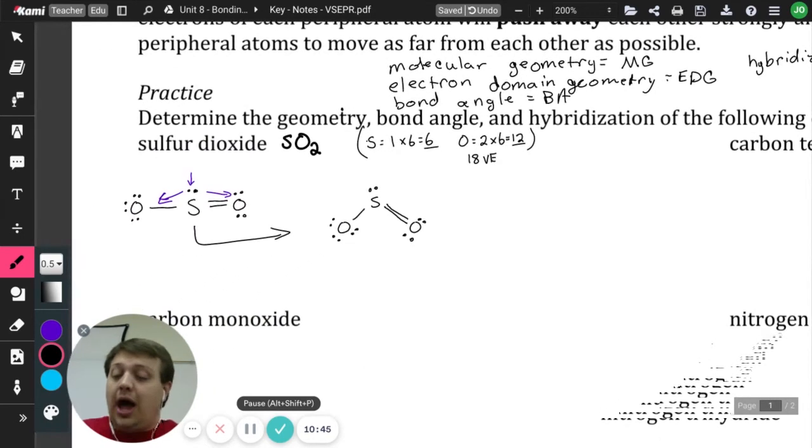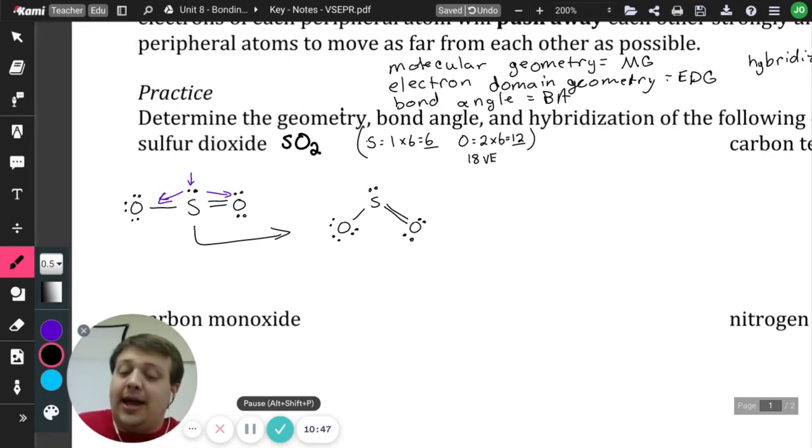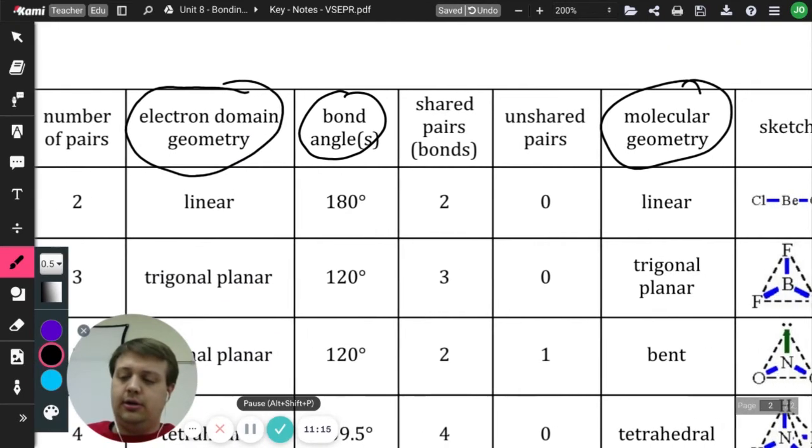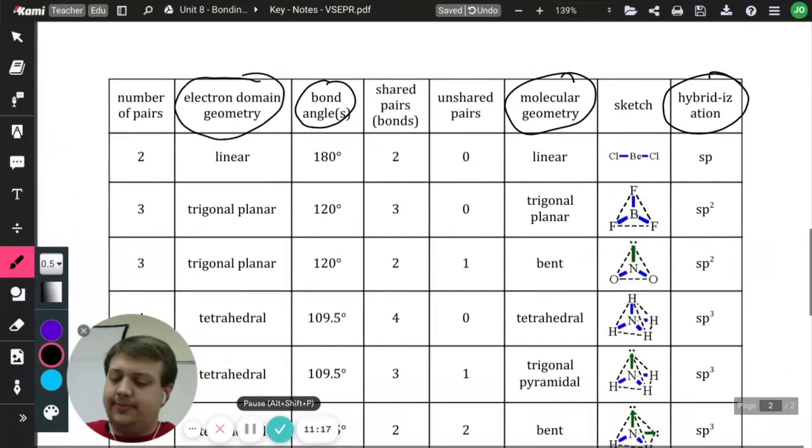All right, so I've been asked to determine the geometry, the bond angle, and the hybridization. First off, geometry. If they just say geometry, they want both. So in this case, I want molecular geometry and electron domain geometry. So looking at this, let's actually scroll down here to our shapes.